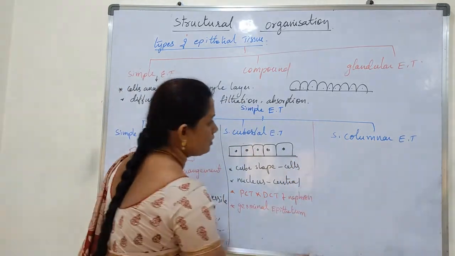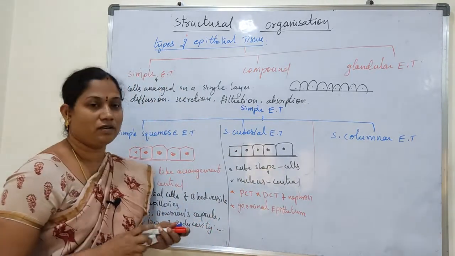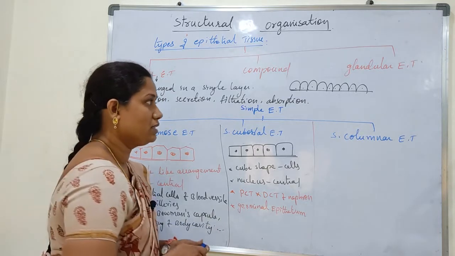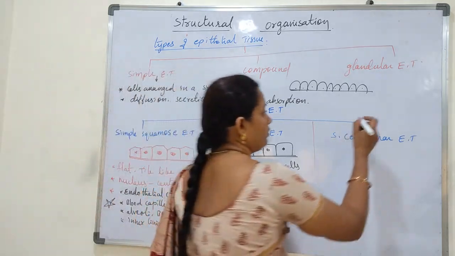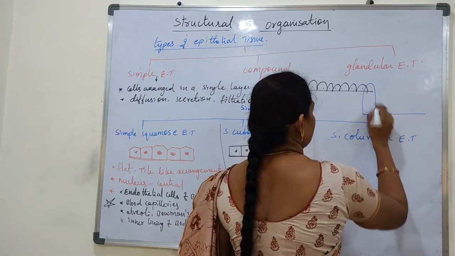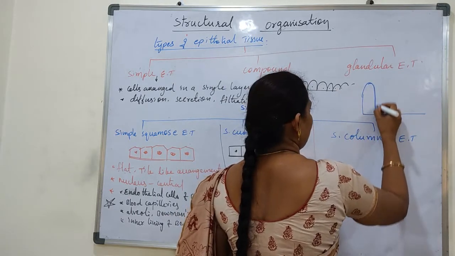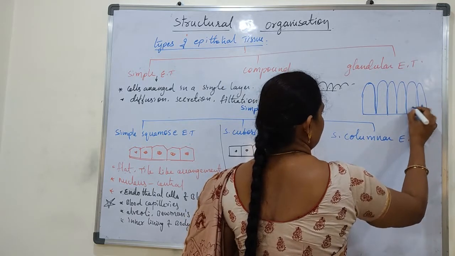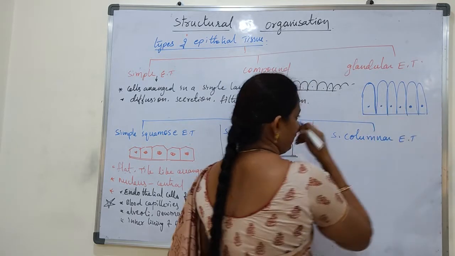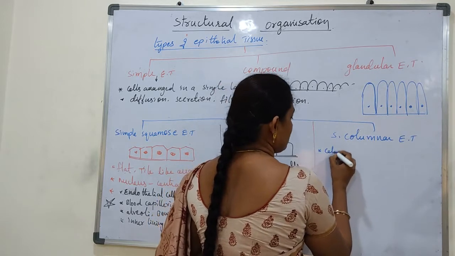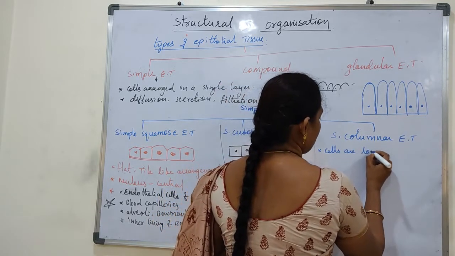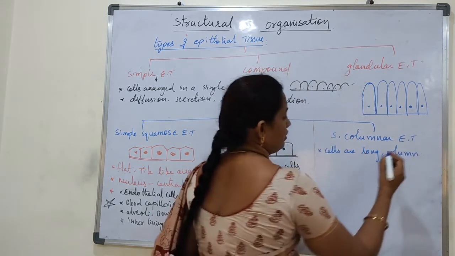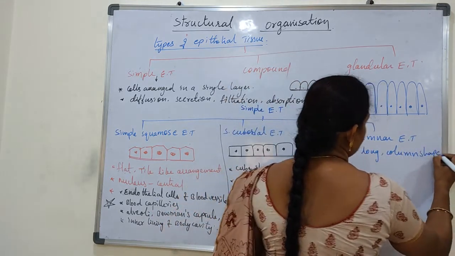Next, columnar epithelial tissue. Columnar epithelial tissue means the cells are column shaped. For example, like this, the cells are long and column shaped. That's why these are called columnar cells.